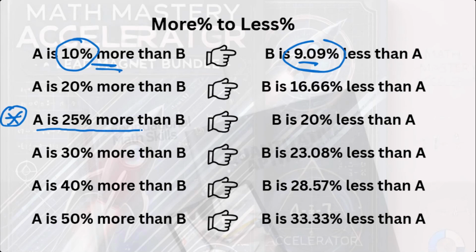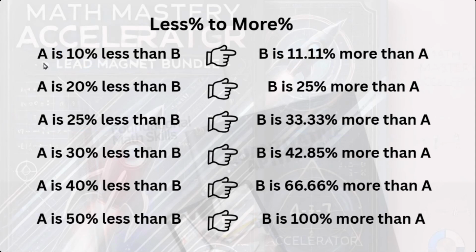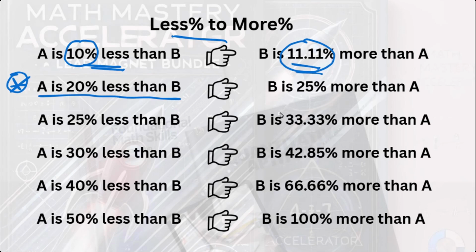A is 25% more than B implies B is 20% less than A. Less to more. A is 10% less than B implies B is 11.11% more than A. 10 is less than 11.11. Less is always smaller than more. Remember this. A is 20% less than B implies B is 25% more than A.